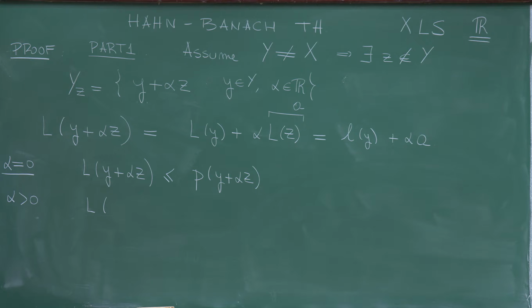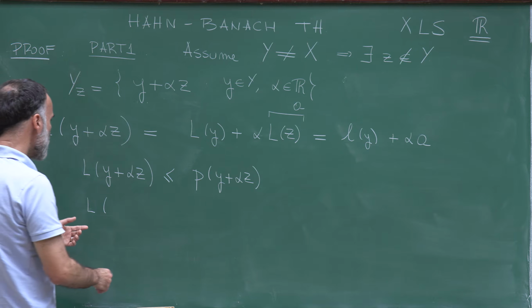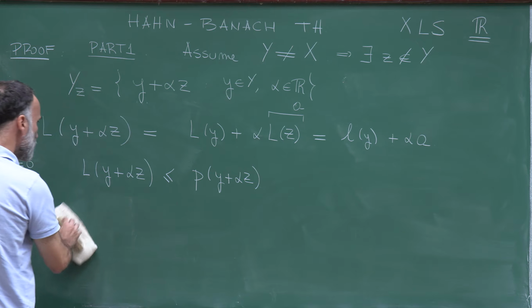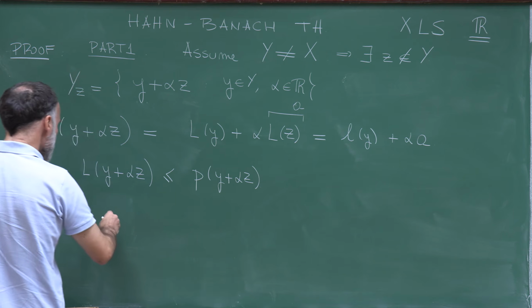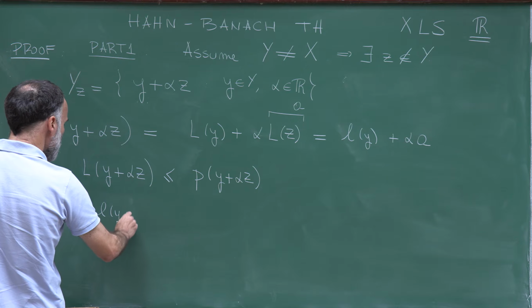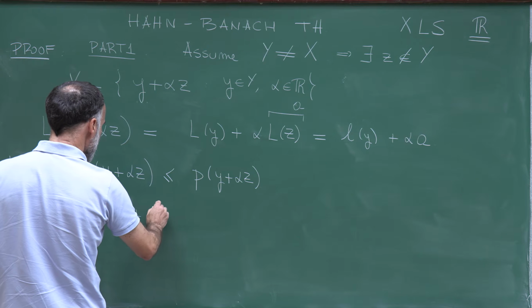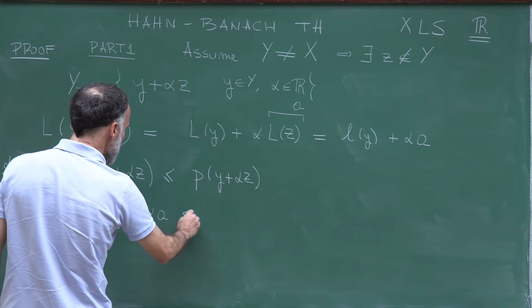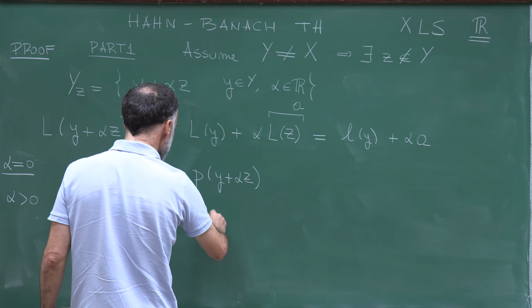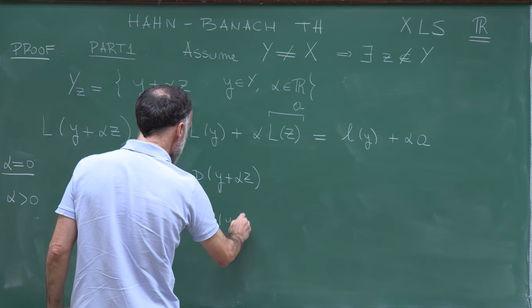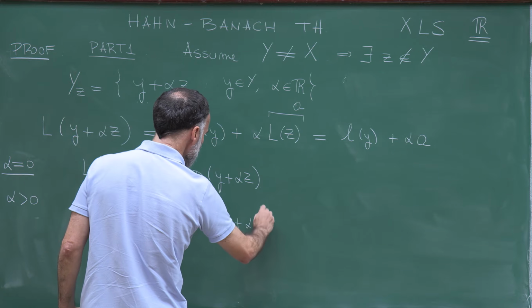So let me first consider the case in which alpha is strictly positive. And for that inequality to hold, in view of this definition, what I need is that l of y plus alpha a has to be smaller or equal than p of y plus alpha z.